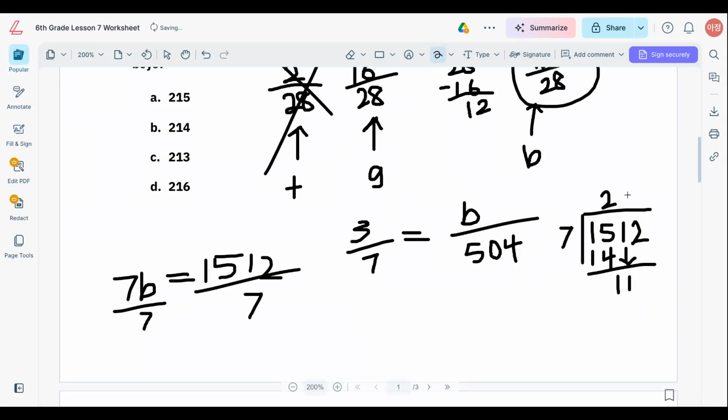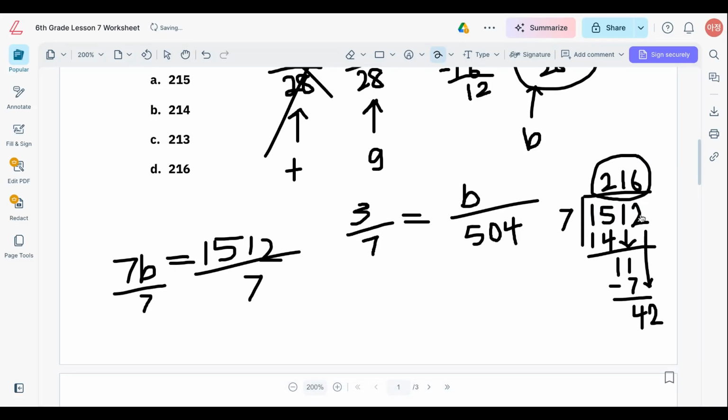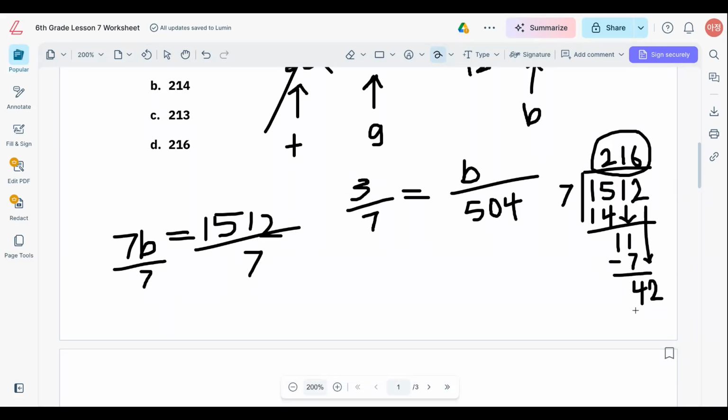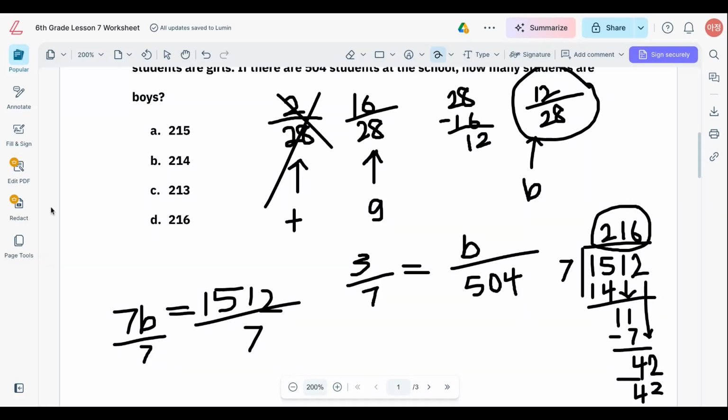Bring down the 1, it's 11, and 7 goes into 11 once, which is 7. This is 4. And then bring down the 2. 42, and 7 goes into 42 6 times. So 216 would be the correct answer, since 6 times 7 is 42. And then minus, and we'll be done. So 216, D is the correct answer.